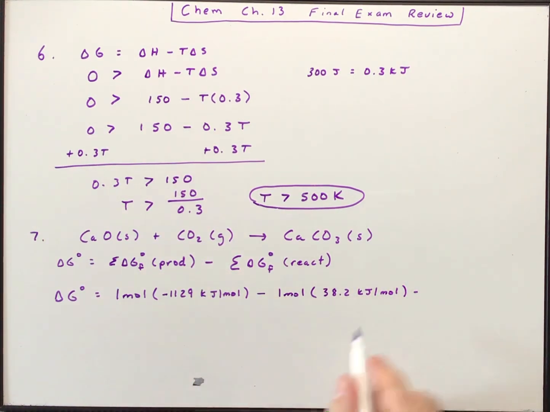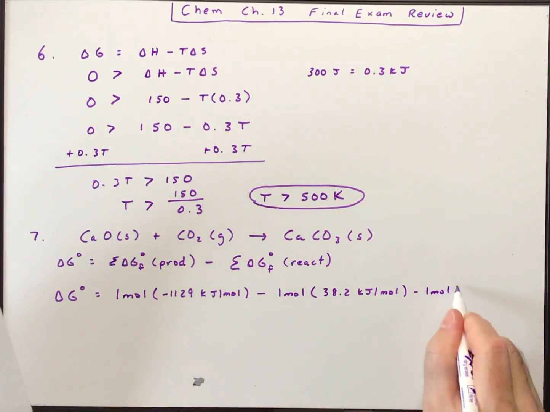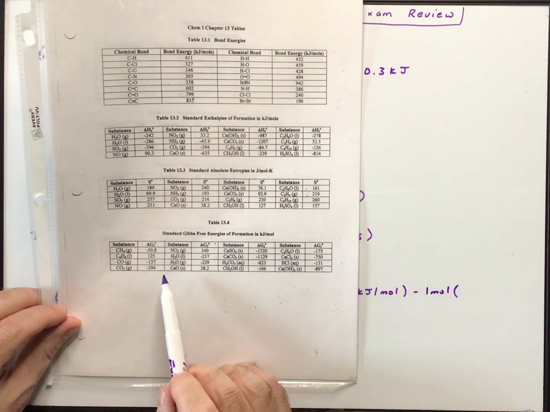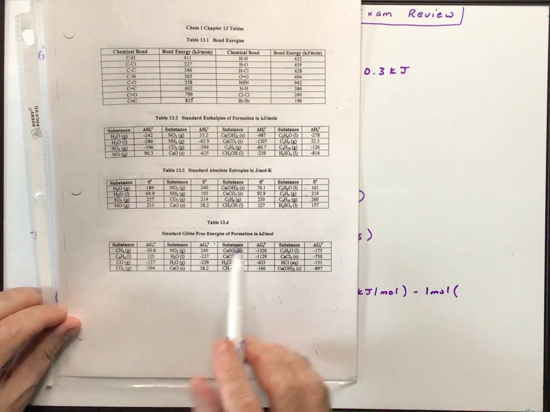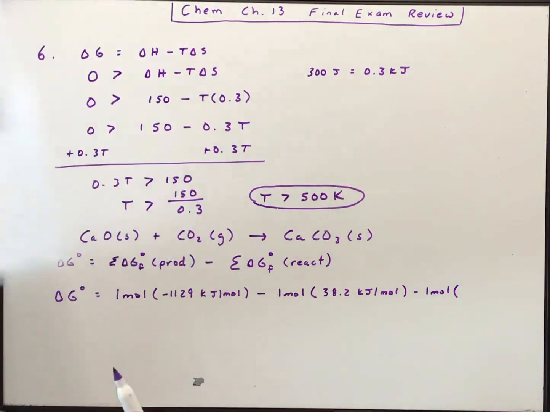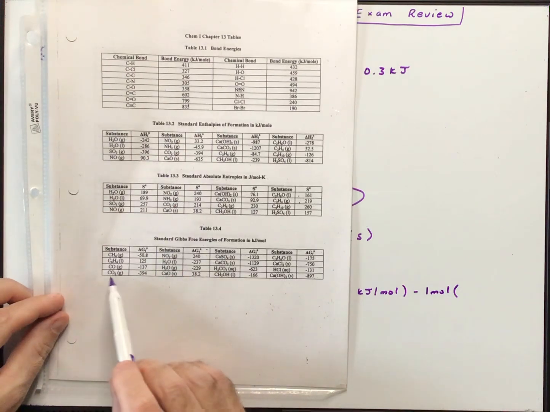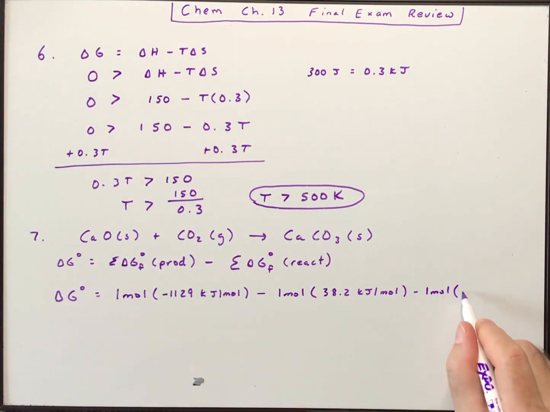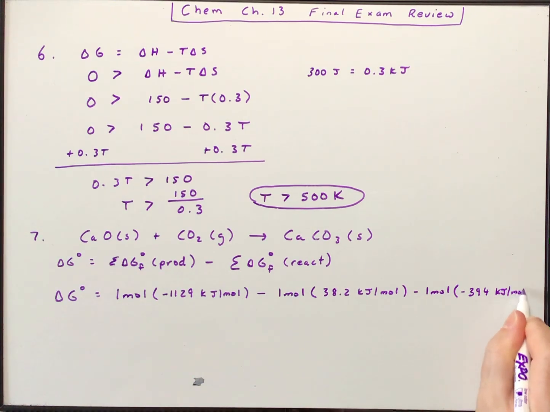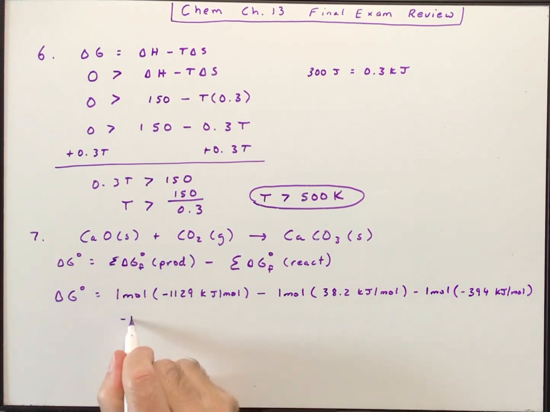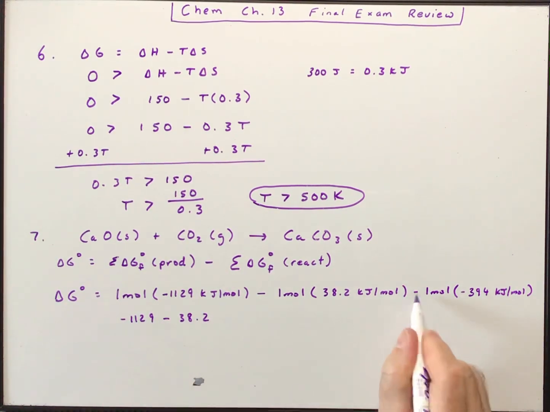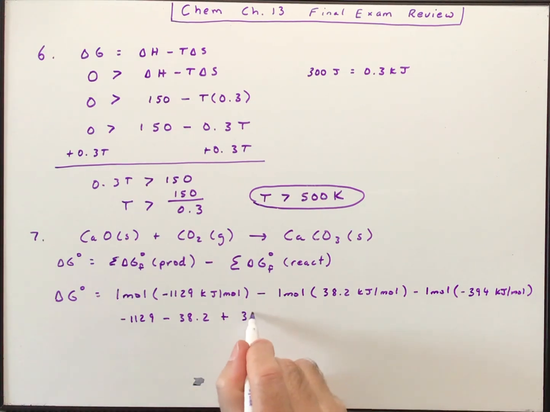And CO2 gas, so that's also 1 mole. So everything's got a number on this one. Now, if there were O2, H2, anything like that, it would be 0 because it follows the same rule as the enthalpy of formation. So we have CO2 gas, finding that, it's right here, negative 394. Okay, so that's going to be negative 1129 minus 38.2, and then 2 negatives make a positive, so plus 394.